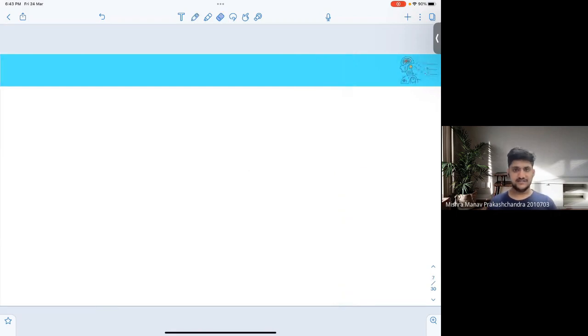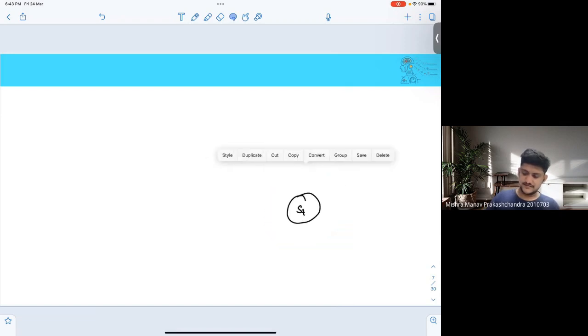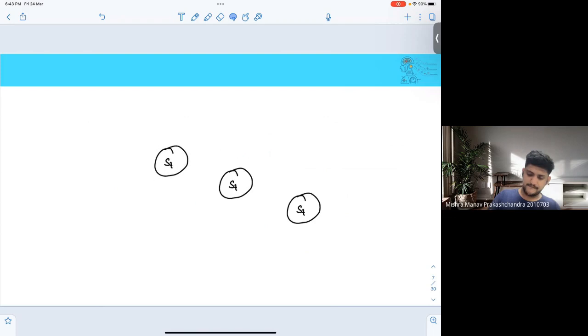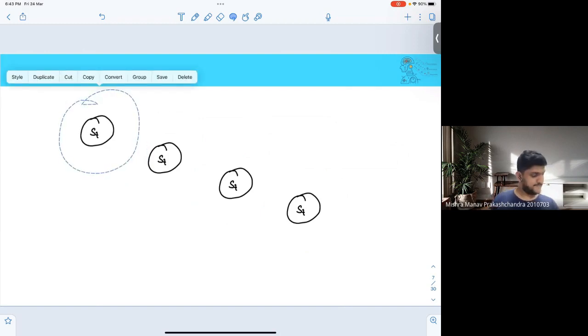Lastly, to summarize the backward view, I'll draw a similar neat diagram. So I have state S_t, which I'll just copy paste here, here, here, and so on.